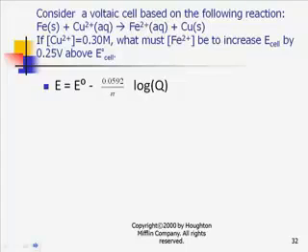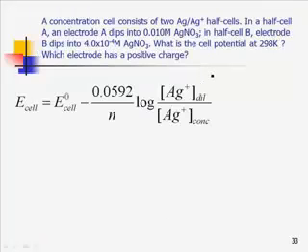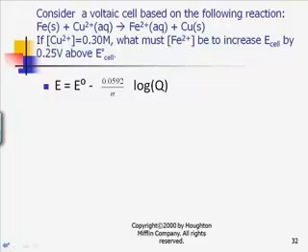If we have a voltaic cell based on that reaction there, we want to know what the iron concentration must be to increase E cell by 0.25 above E naught. So what do we have going on here? We need to see what our E naught is going to be. The iron is being oxidized, Fe to Fe2+ plus 2 electrons.